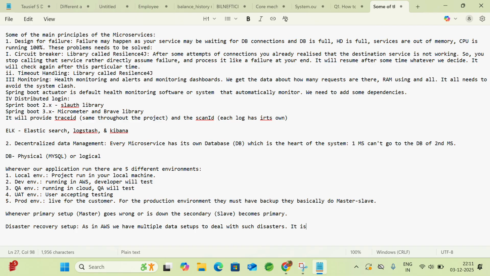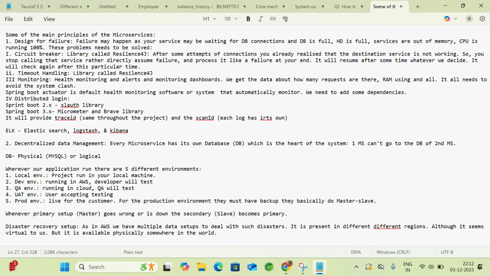It is present in different regions, and although it seems virtual to us, it is available physically somewhere in the world.